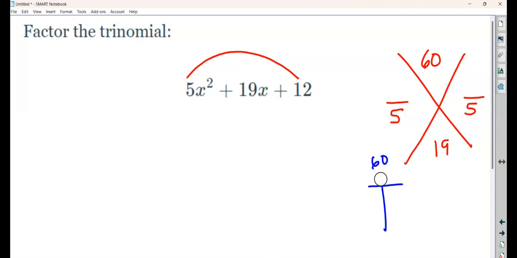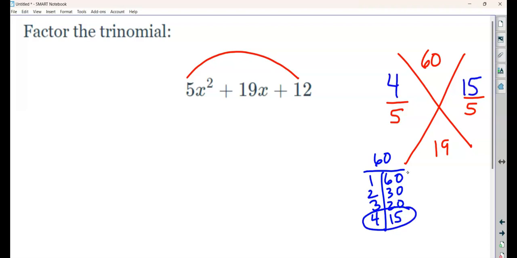I should just put my t-chart like this, with the 60 on top. Alright, so I've got 1 and 60, 2 and 30, 3 and 20, 4 and 15. I feel like that's the winner. Yes, 4 and 15 make 19. Very good. 4 and 15 make 19.